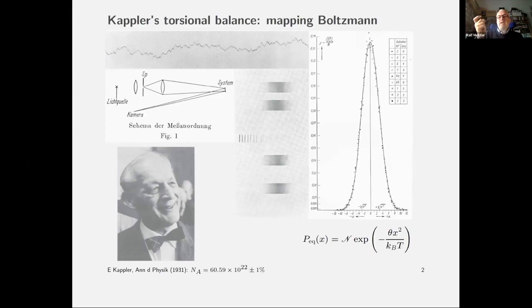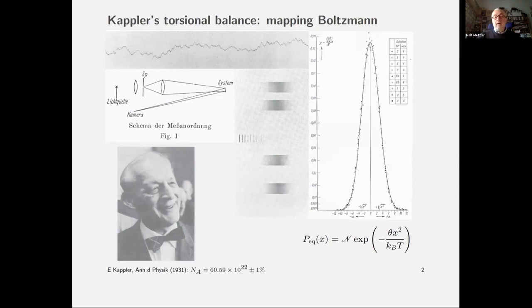He used a rotating setup: a small mirror that could rotate, suspended on a very thin quartz thread. When you look at the trajectory created by the reflection of a light beam on this rotating mirror, you can see that it doesn't look like free Brownian motion, because it's experiencing a restoring force due to the suspending quartz thread.